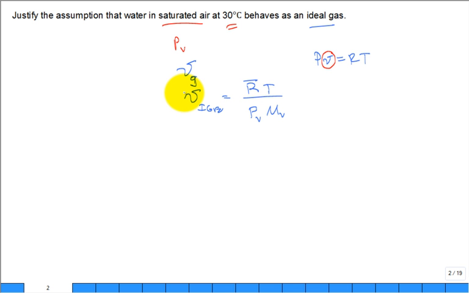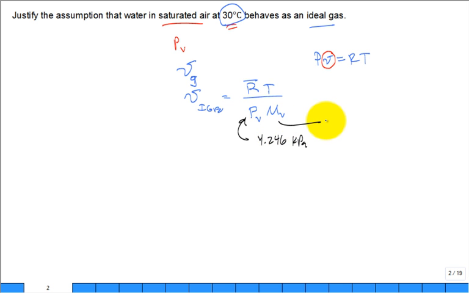Okay, so what do we do? We go to 30 degrees C and we pick out the partial pressure and some numbers here. Yep, this slide right here. So we pick out that it's 4.246 kilopascal.